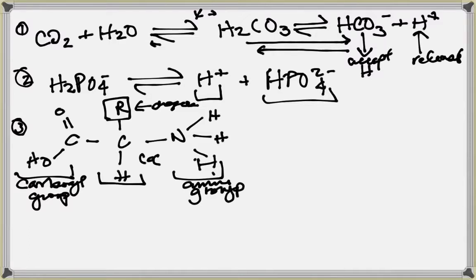So basically what happens, I'm going to do it this way so I have enough room, is if you look over here on this side, this guy's positive. So this is the acid form of a protein.